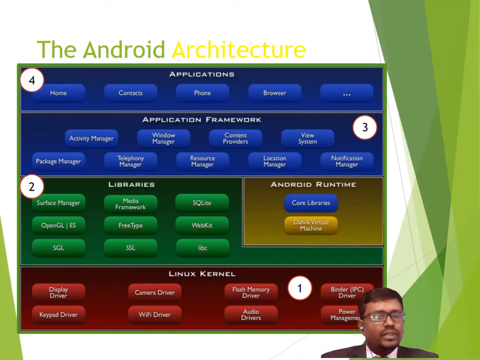Then the next layer is the application layer. It is the topmost layer of the Android architecture, where all the applications are installed, right? If you want to use an application, it is visible to the user. All the other 4 layers are hidden.